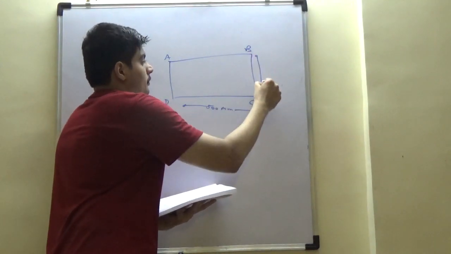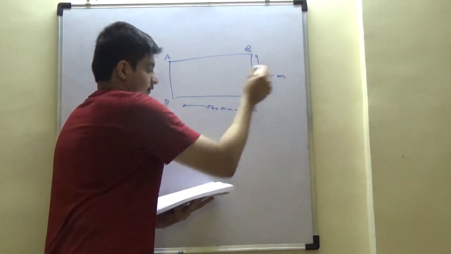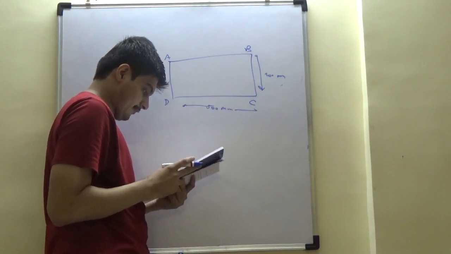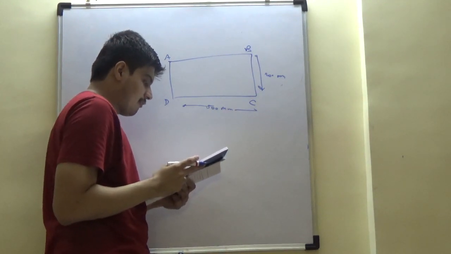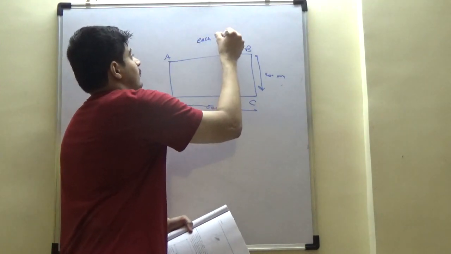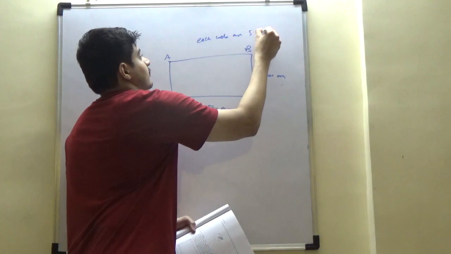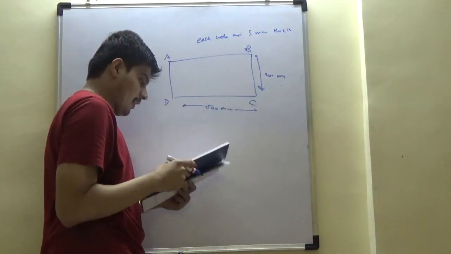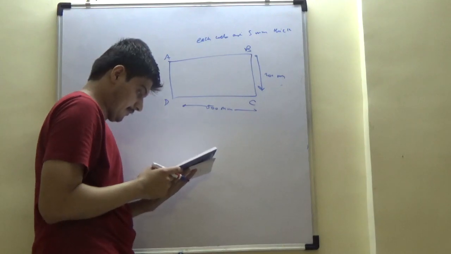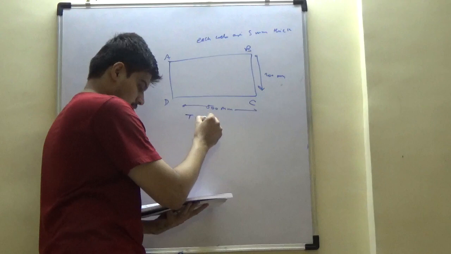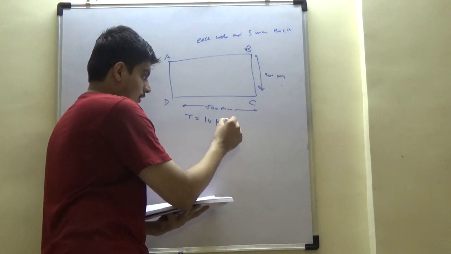This is 200 mm. These are the dimensions given. Each web, ABCD, is 5 mm thick, and it is subject to a twisting moment of 10 kilonewton meter.